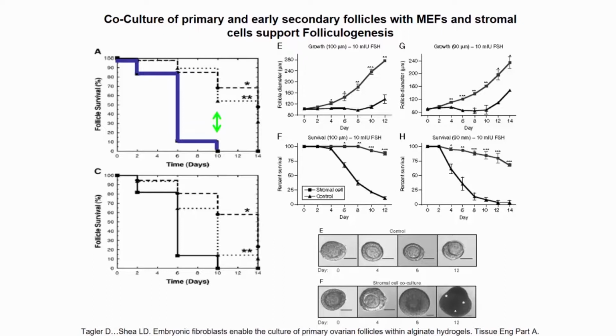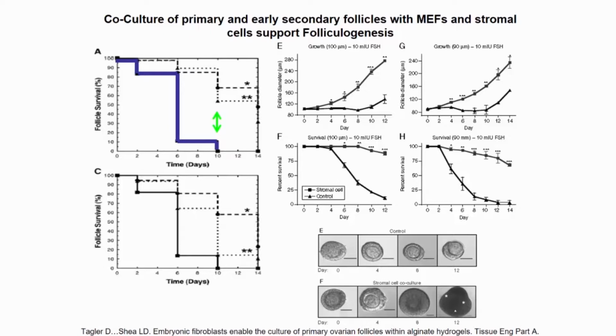So you would have a follicle floating in alginate, and then you would have mouse embryonic fibroblasts on the bottom. And then some soluble factors that are secreted by those helper support cells do help follicles grow. You can see that without any cell support, all the follicles die by day 10, of any size. And if you co-culture them, those that survive do grow nicely and reach antrum stage.